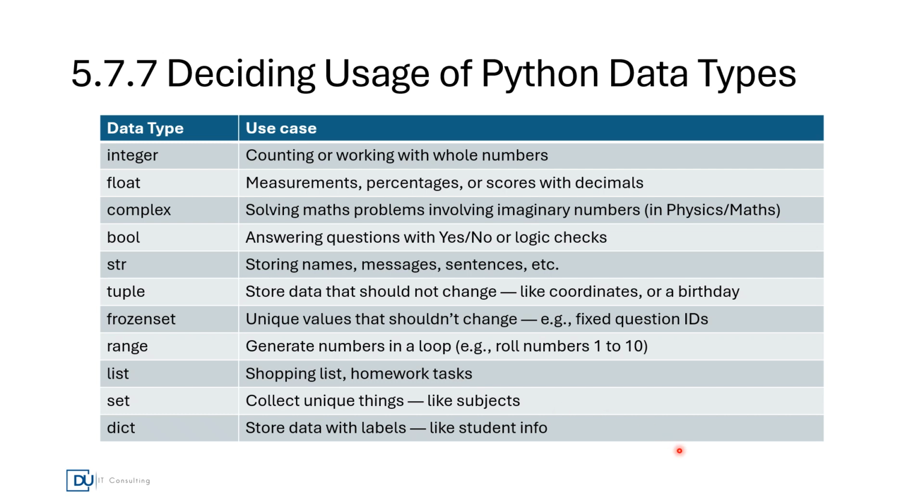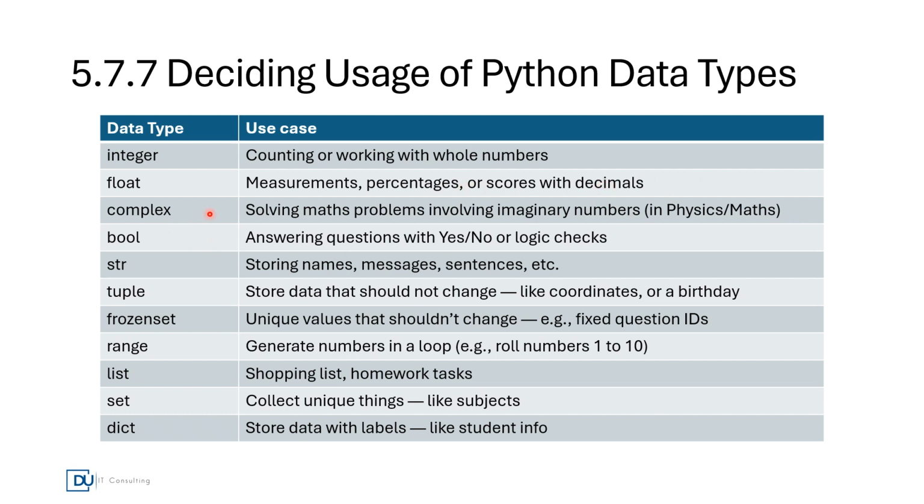Now, you might be wondering which data type has to be used in which scenario or use case. So let's go through them one by one. In integer data type, we typically use it for counting or working with whole numbers. Float can be used in use cases where you're trying to measure or find out a percentage or scores containing decimal values.